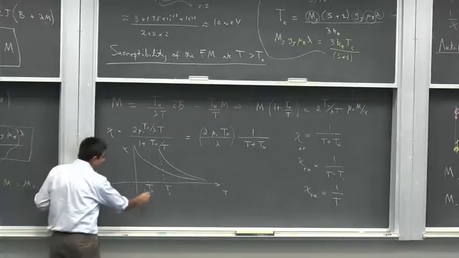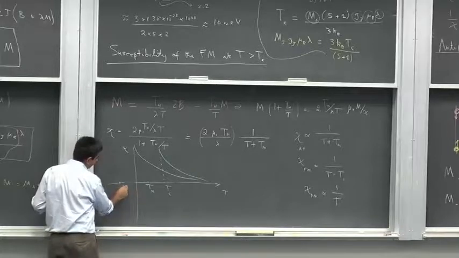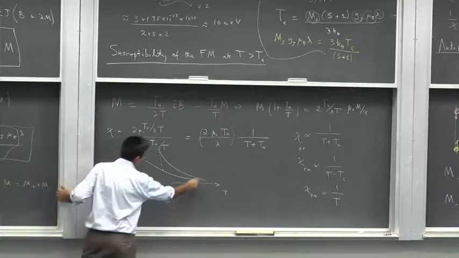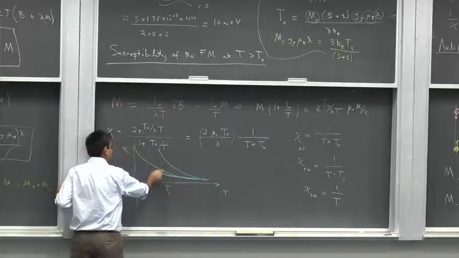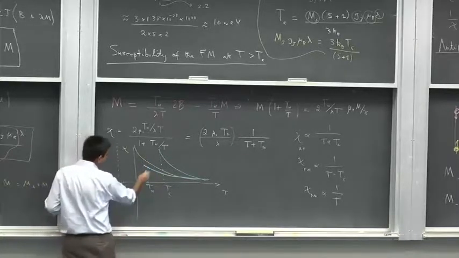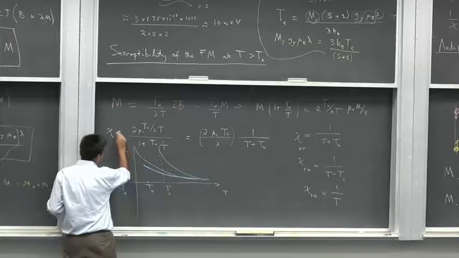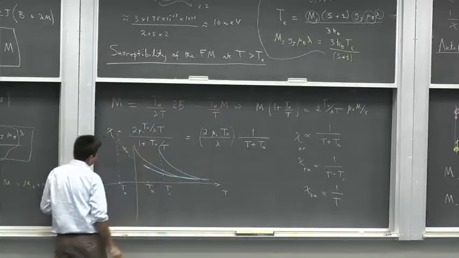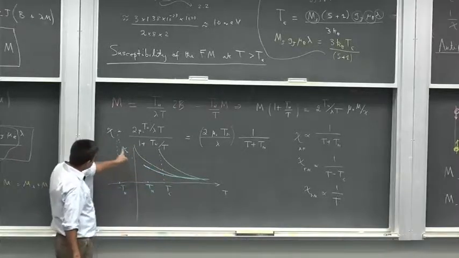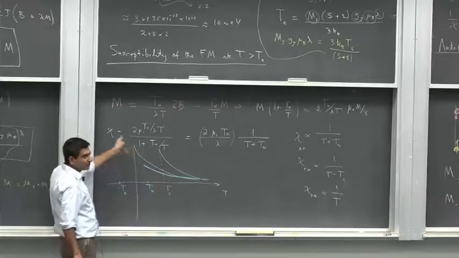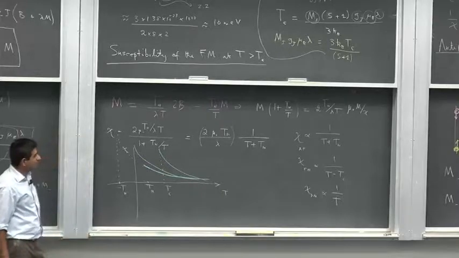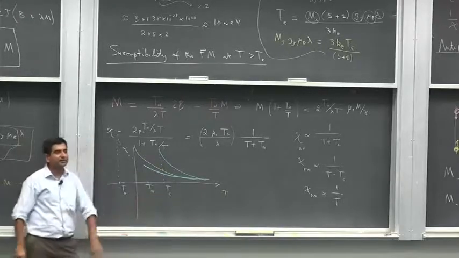How do you make the plot for an antiferromagnet? This is how I do it. And this is going to approach this. It starts off from here, but this is meaningless here. It's only defined for T greater than Tn. So this dashed curve shows its asymptotic approach of this curve, which is only valid for temperatures beyond Tn. So this is how the three kinds of materials differ.